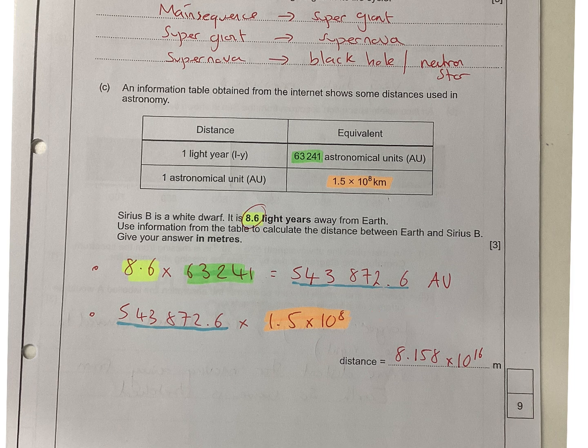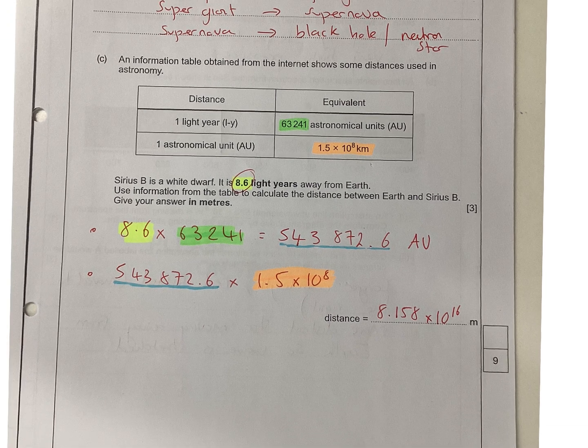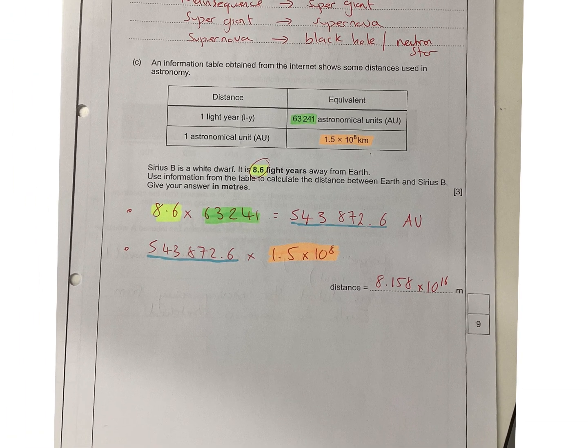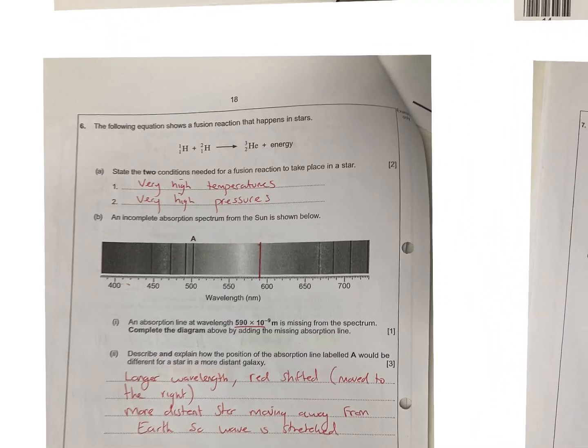And then I will need to multiply that by 1,000 to get it into meters, because there's 1,000 meters in a kilometer. And that's not shown there, so that's a step I've missed. But that's quite a tricky little question for 3 marks, because you've got to do that conversion at the end. Okay, coming to the end of the paper now.